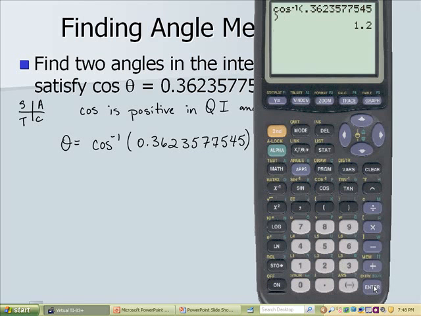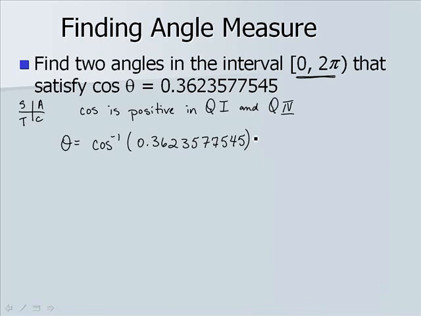And we see we get a value in radians of 1.2. So now, since 1.2 is smaller than pi over 2, which is approximately 1.57, then this angle, theta, is in quadrant 1.